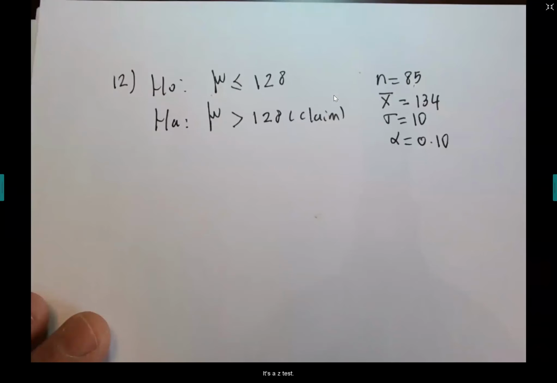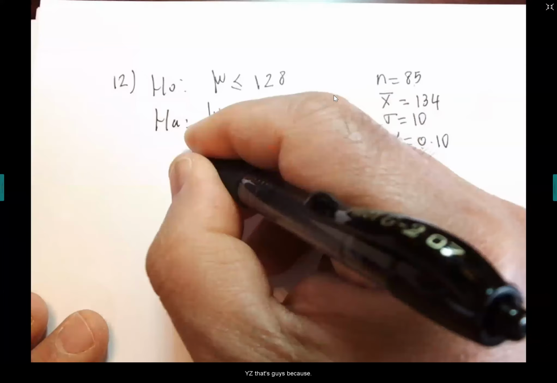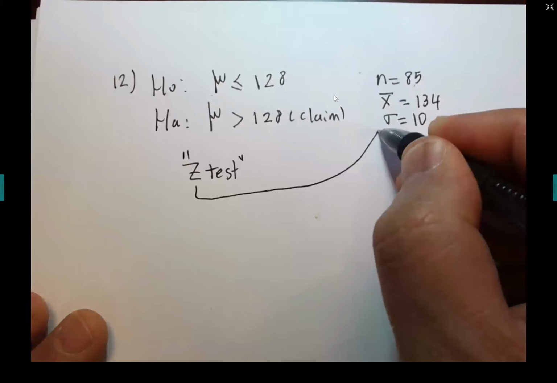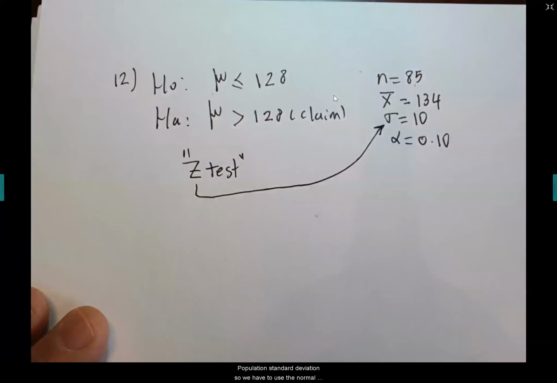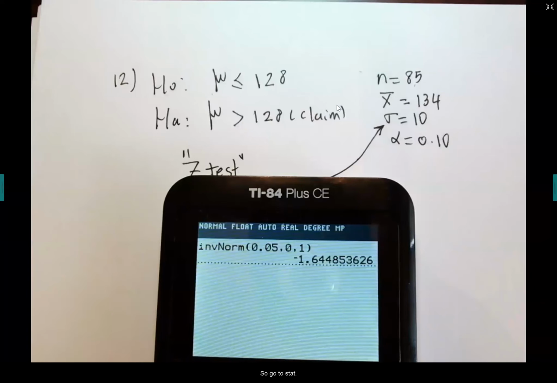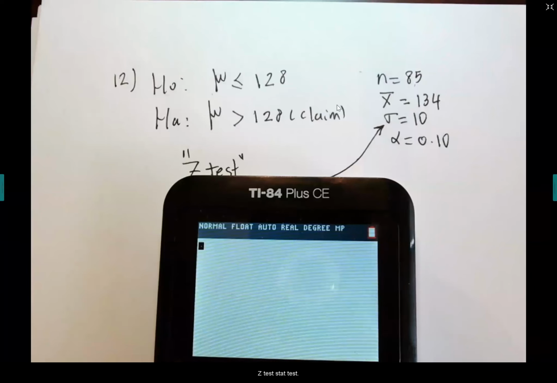Okay, it's a z-test. Why z-test, guys? Because he gives you sigma, the population standard deviation, so we have to use the normal distribution, the z distribution. Okay, let's do that. So go to stat, tests, z-test.